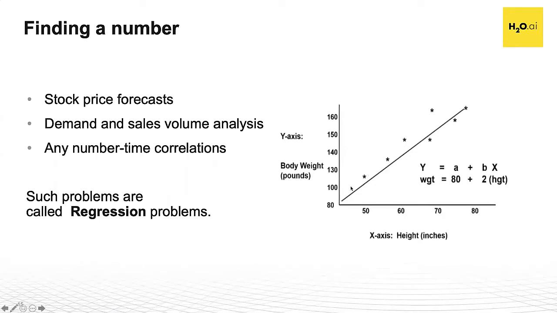So for instance, here we have a problem where we are given the height of students and we have to predict their weight. So there's a relationship between the height and the body weight. And we plot all these data points and we get a relation between it. So we get a relationship that the weight of the students is equal to 80 plus twice the height.